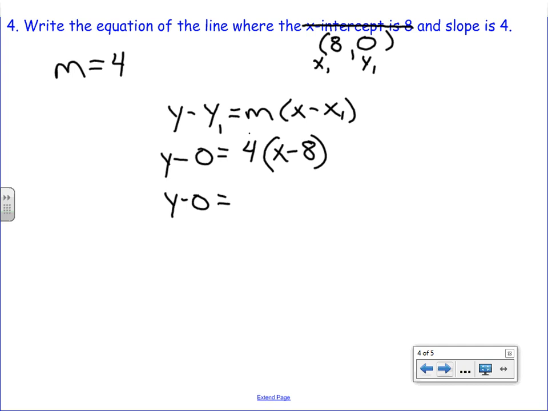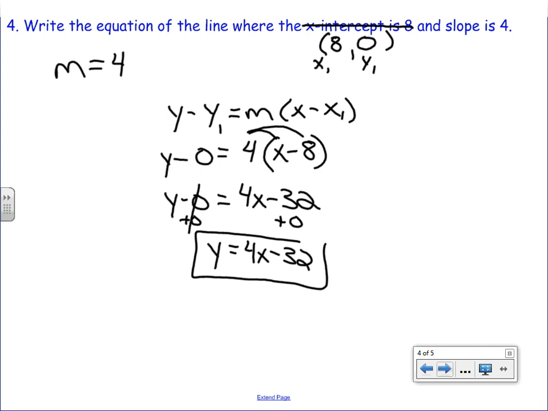We distribute the 4, so we have 4x minus 32. And then at this point, some of you are going to want to add 0 to both sides, which doesn't really change anything, so you can also just drop the 0. And we have y equals 4x minus 32, which is slope-intercept form, where the slope is 4, and the y-intercept is negative 32.